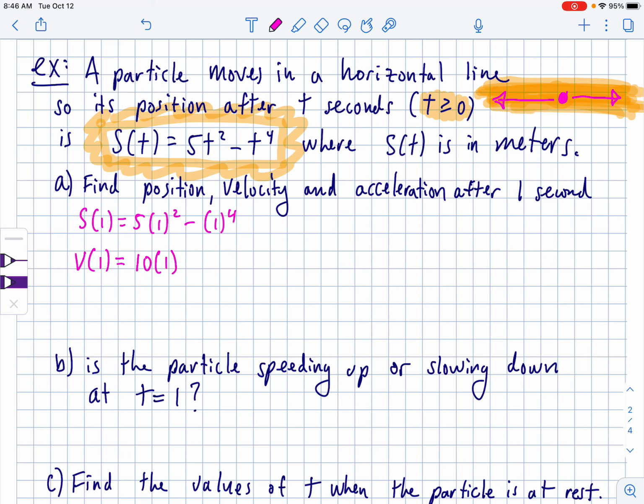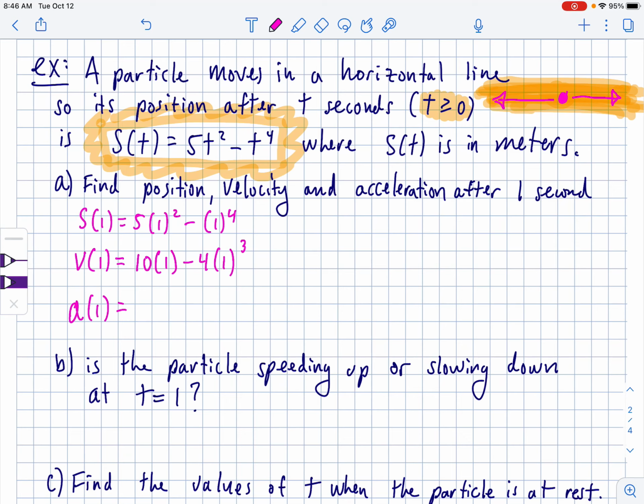Remember, velocity is the first derivative of s of t. So that'll be 10 times 1 minus 4 times 1 to the third. Now I did two moves at once because we've been taking a lot of derivatives. I took the derivative of s of t and plugged a 1 into it. I guess I could have started with the equation.